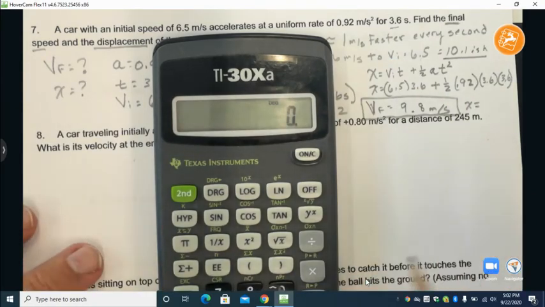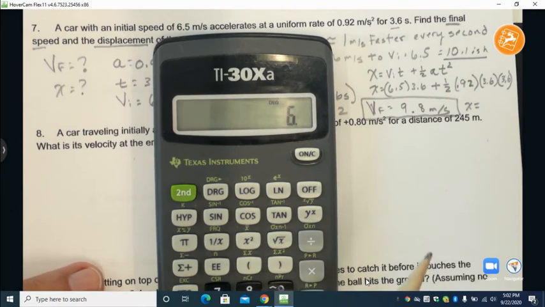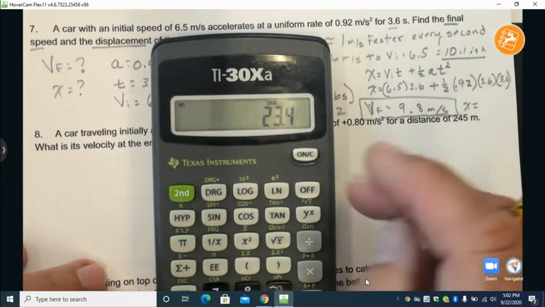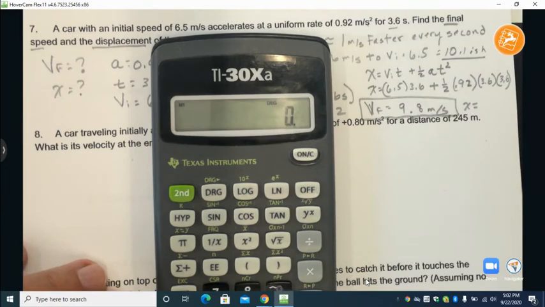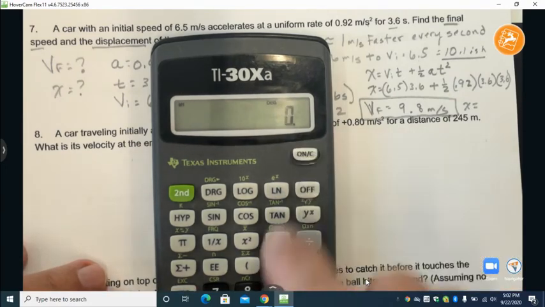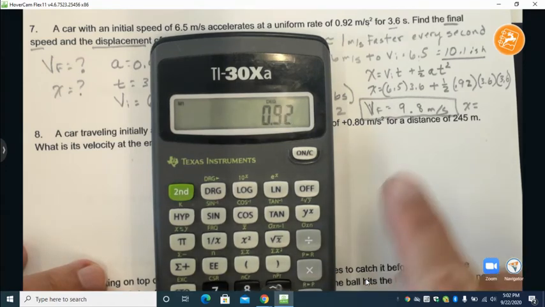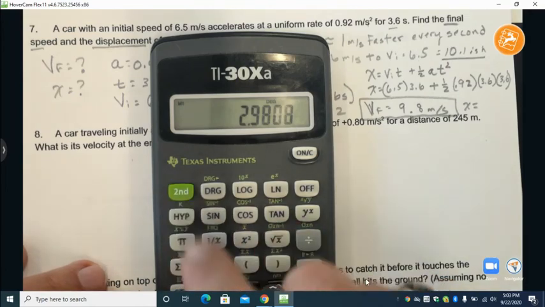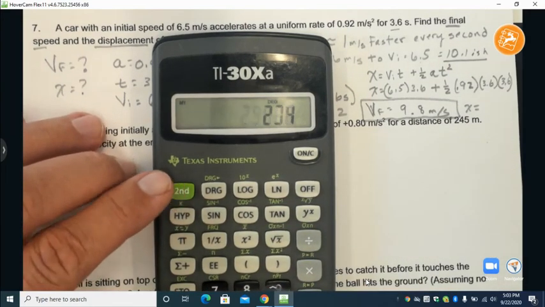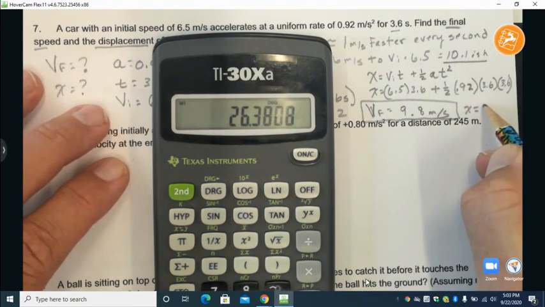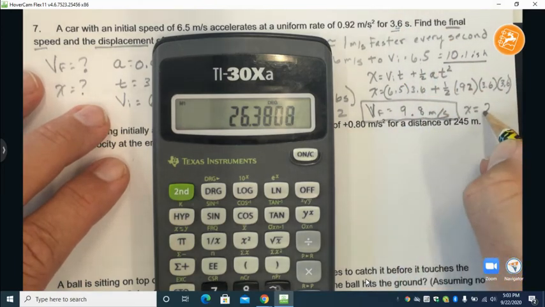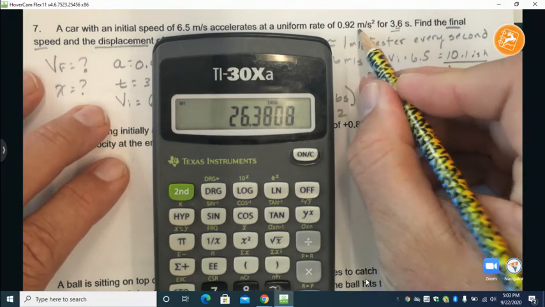So we want to solve this by using our calculator, and we'll go 6.5 times 3.6 equals, and we want to store that number, okay, and then we'll go 0.5 times 0.92 times 3.6 times 3.6 equals, and we'll add that to our recall number, and we get 26.38. We want to report that to two significant figures, so it's just 26. And our units would be meters.